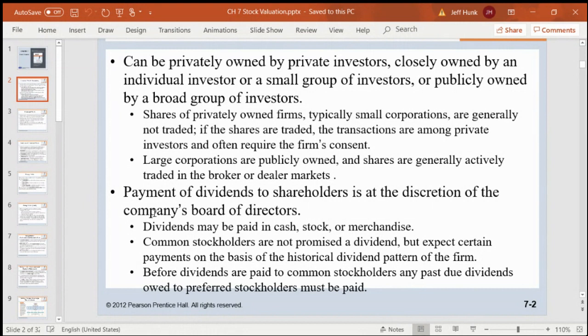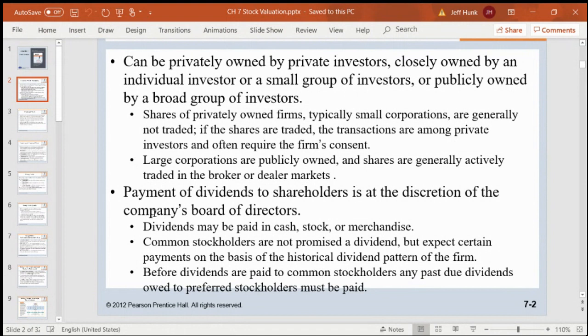Suppose this company has $10 million in common stock. Let's say the book value of the stock at the time it was issued, at time zero, was $10.